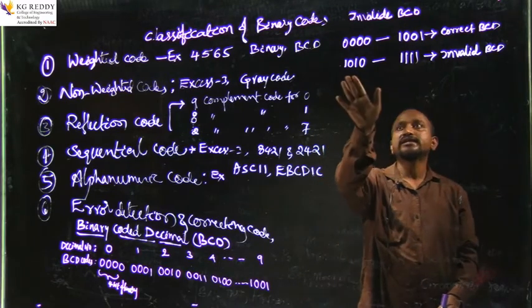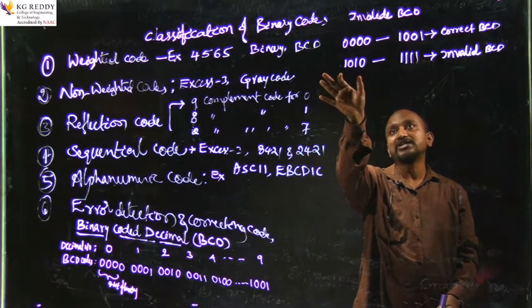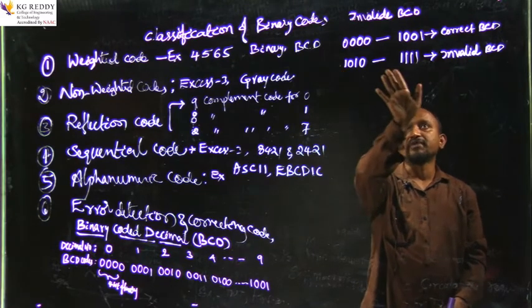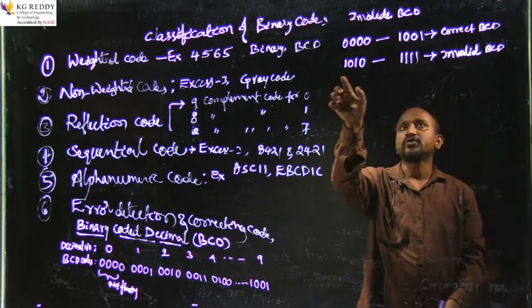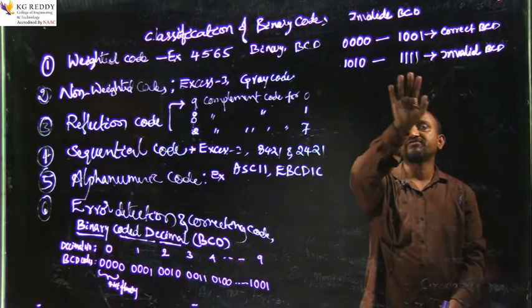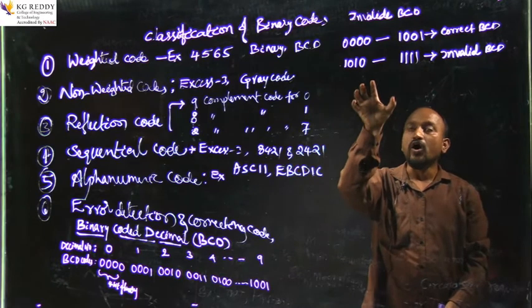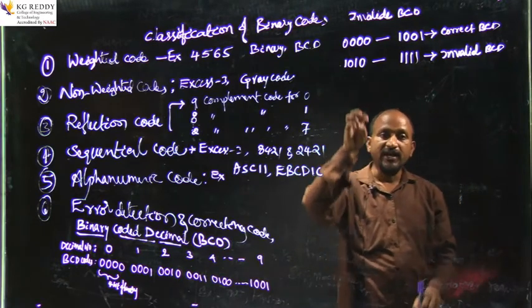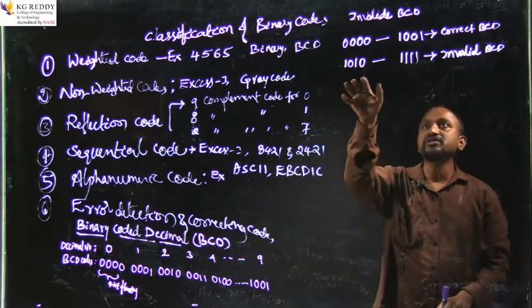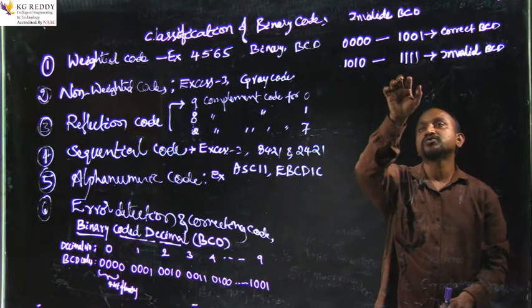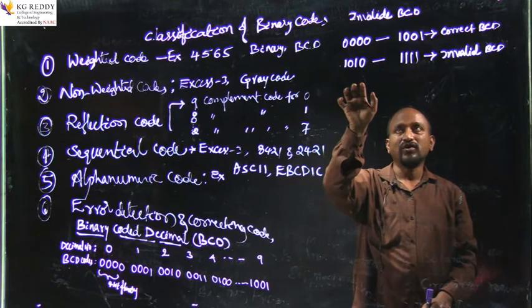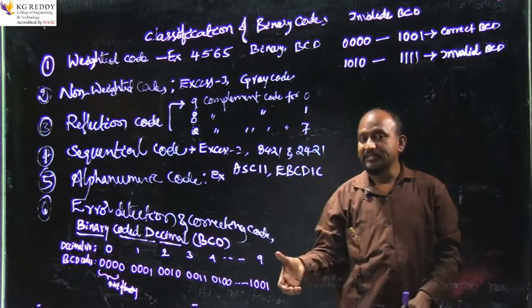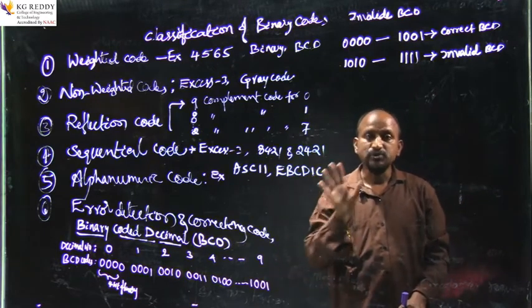Because these codes also possess 4 bits of binary, from 10 to 15, or 10 to F. These 6 codes are being used in 4 bits of binary. Even though these are 4 bits of binary, we should not consider them valid BCD because BCD is only up to 9.